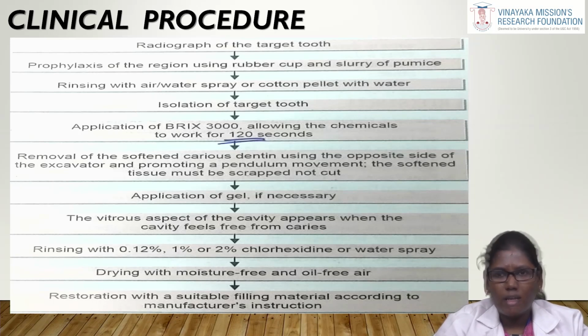If necessary, reapplication can be done, and make sure the vitreous aspect of the cavity appears. Next is rinsing of the cavity with chlorhexidine or water spray and drying with moisture-free or oil-free air, and final restoration is done with a suitable filling material like GIC according to the manufacturer's instructions.